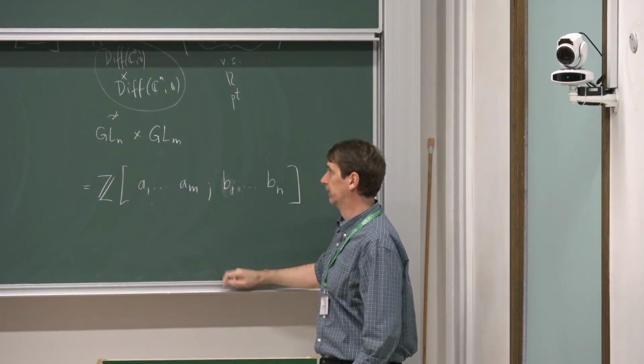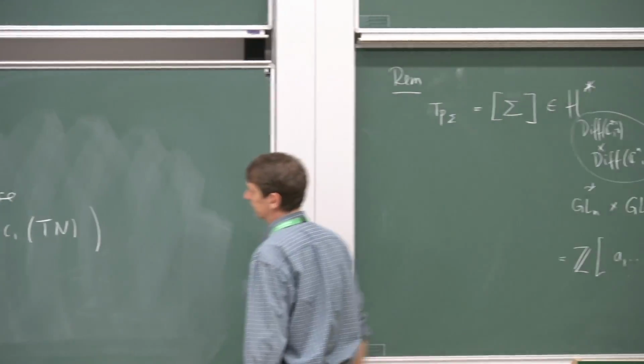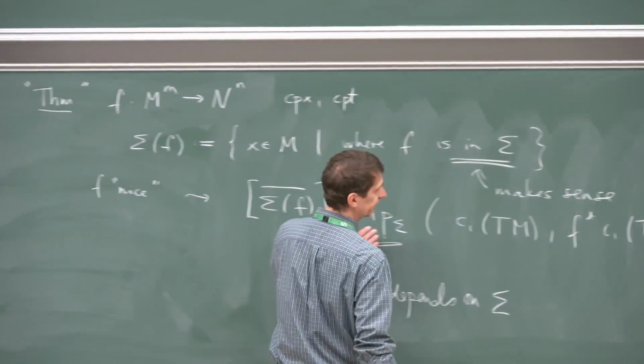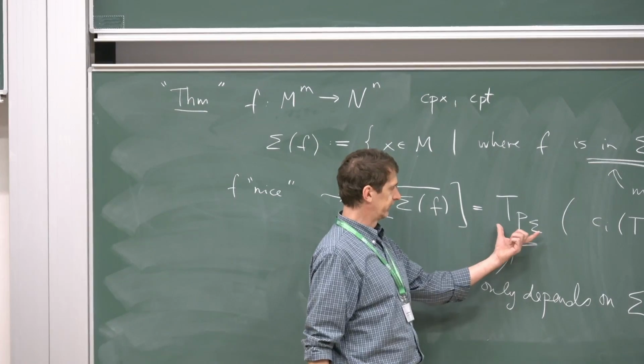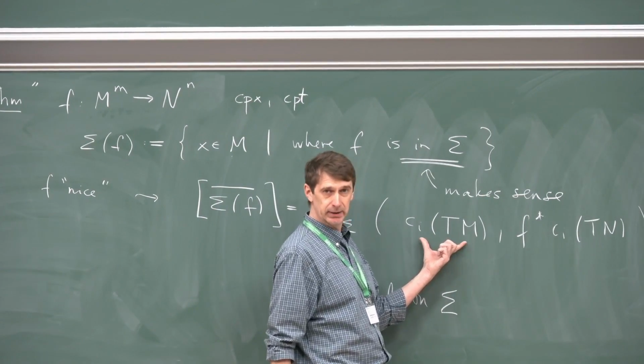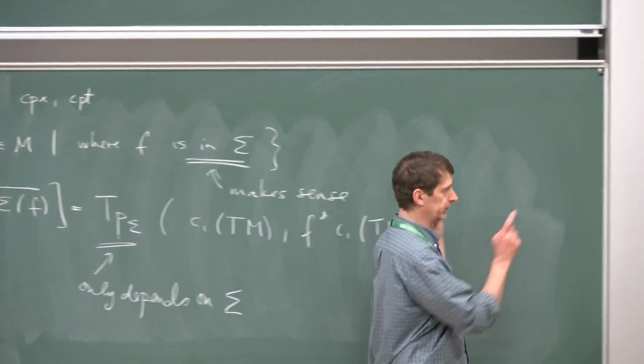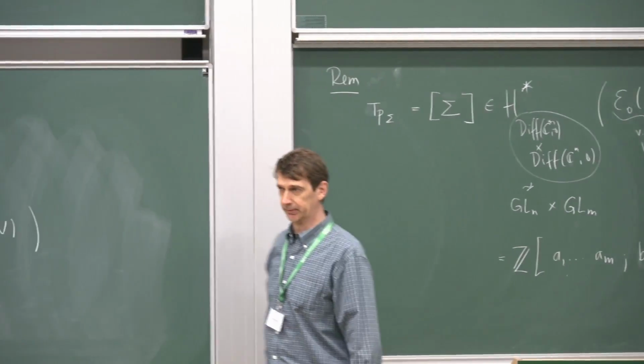So this is just a polynomial, right? So now, at least formally, it makes sense to put it here, because what's in here has variables. It eats m Chern classes from here and n Chern classes from here. So indeed, that's where you plug in these polynomials.